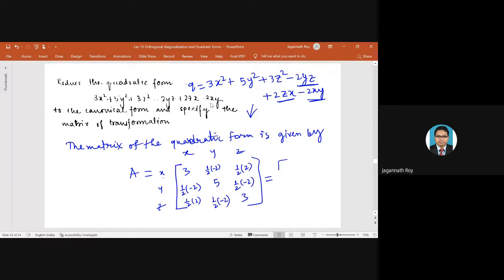The matrix becomes 3, minus 1, 1; minus 1, 5, minus 1; 1, minus 1, 3. It is a symmetric matrix.